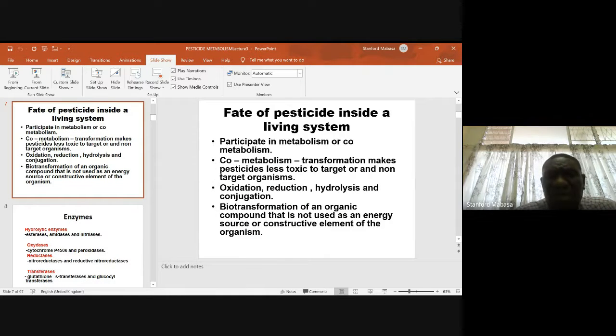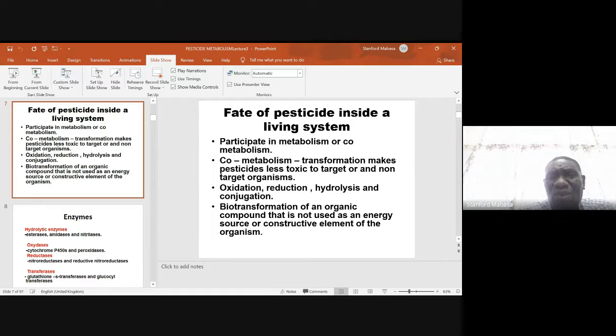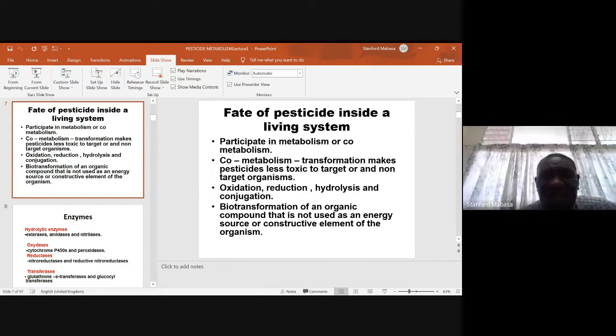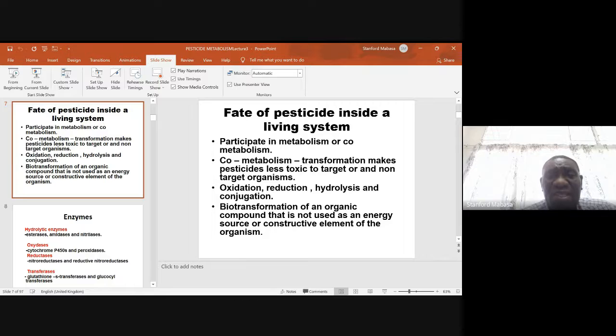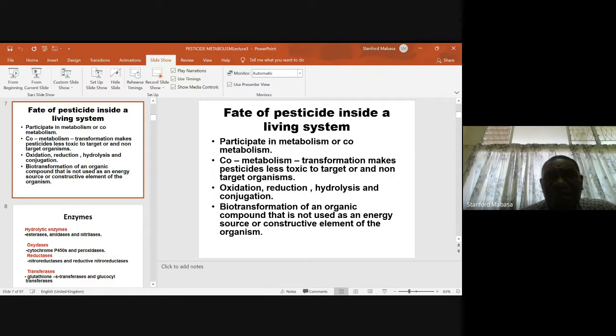So we want to look at the fate of pesticide or pesticides inside a living system. In other words, what is going to happen to the pesticide when it enters the living organism? The pesticide could participate in metabolism or co-metabolism.